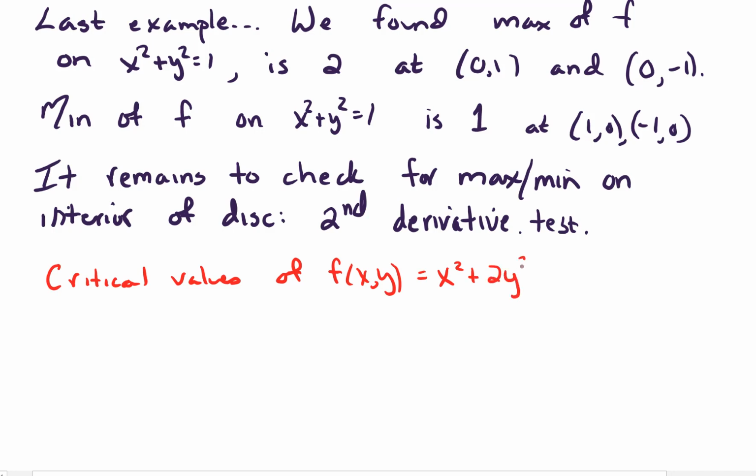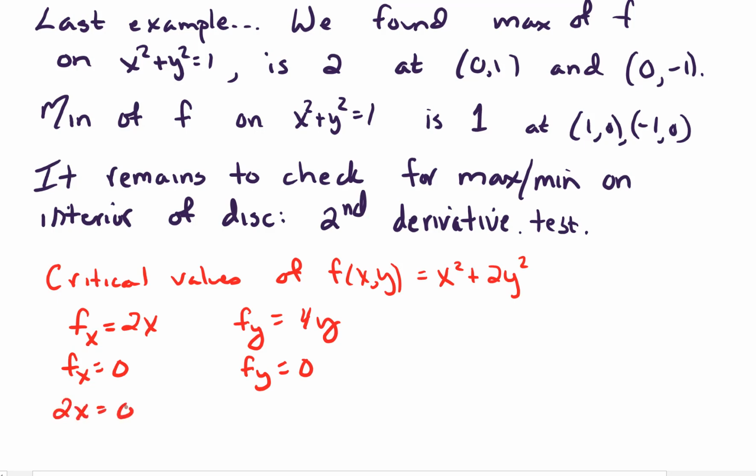So for the critical values we need the partial derivative of f with respect to x and the partial derivative of f with respect to y. Setting both of those equal to 0 means that we need 2x equal to 0, and we also need 4y equal to 0. In other words, x is 0, y is 0. The only critical value is at 0, 0.